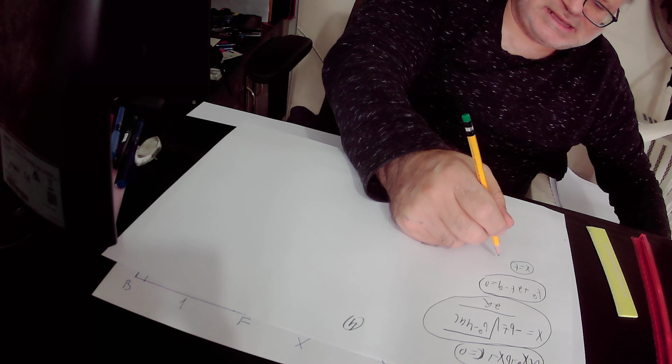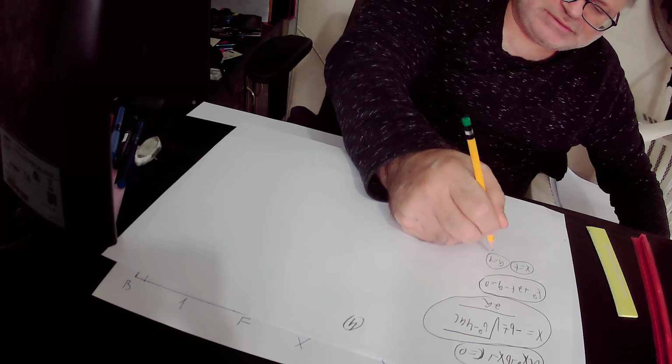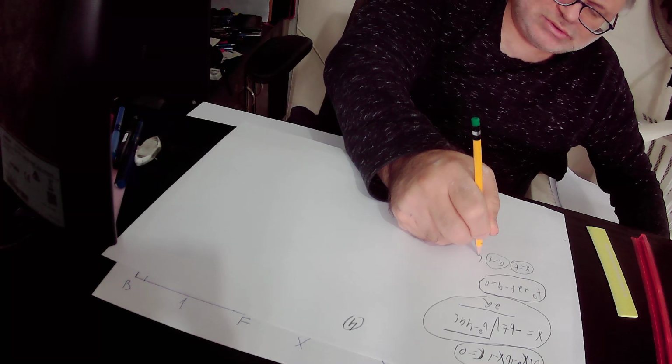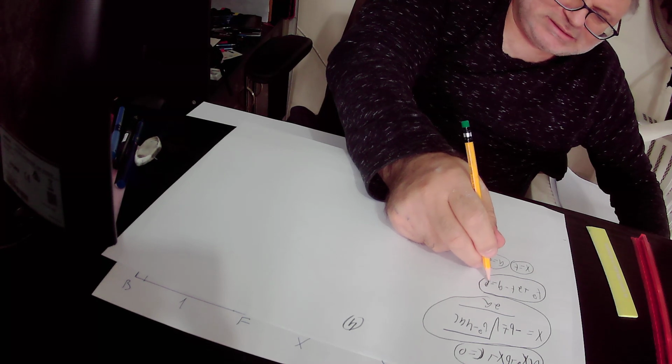The coefficient a equals 1 unit, the coefficient b equals 2 units, and c equals minus 9.